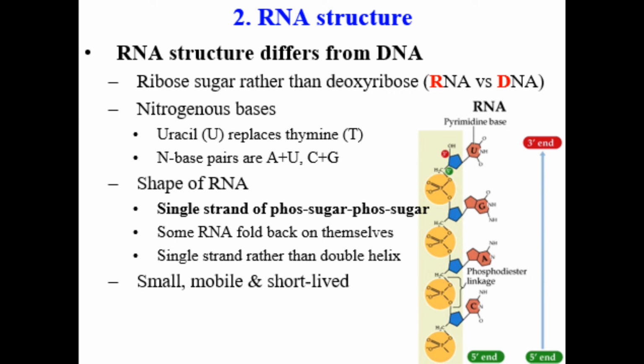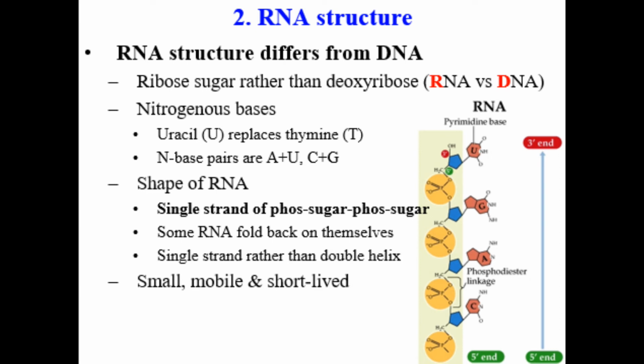Now RNA doesn't form a double helix, but these bases can form pairs with other bases. And in this case, if you've got an A, the base that it's going to form a bond with is a U instead of a T. So what we're going to see is these RNA molecules are forming bonds with DNA.